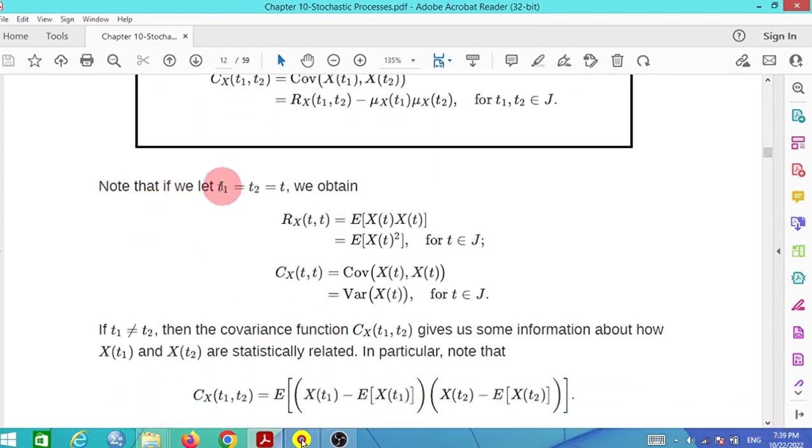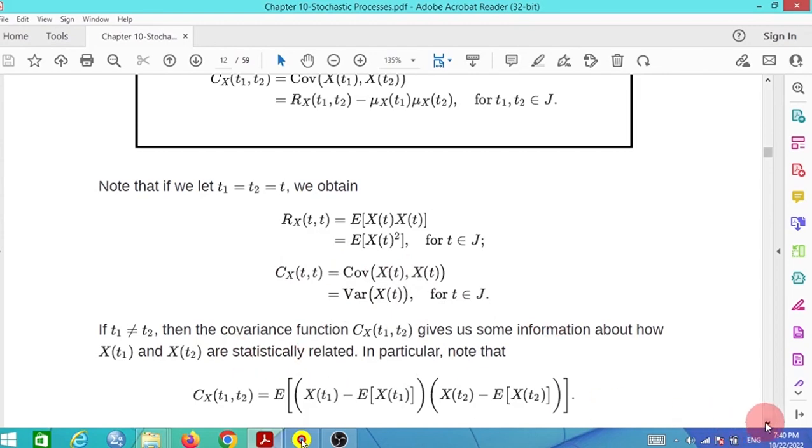Note that if t1 equals t2 equals t, if the value of t1 is the same as the value of t2, the autocorrelation function by the definition above is the same as this, the expected value of x squared, and the autocovariance function equals the variance.